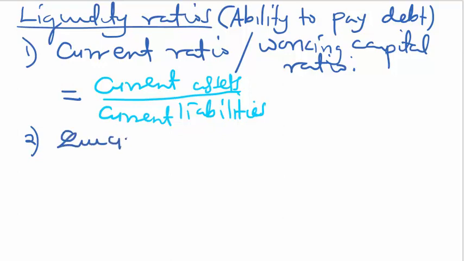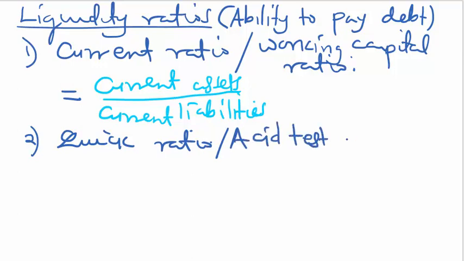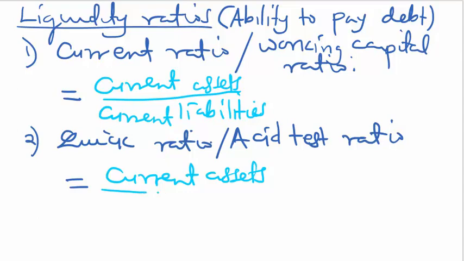This ratio is also called the acid test ratio, and it's calculated as current assets minus inventory, divided by current liabilities.